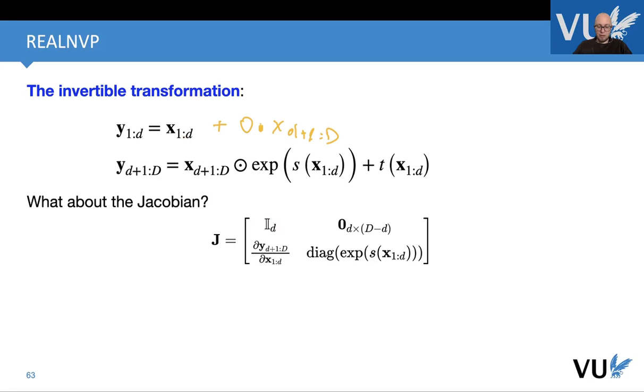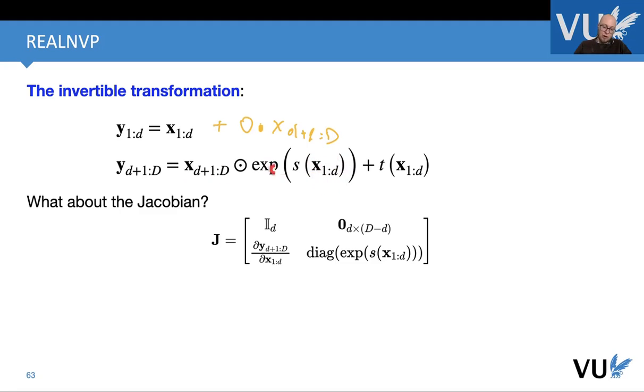So here we have a small identity matrix. On the diagonal we have ones, and everywhere else are zeros. Here we have 0. So if we calculate the derivative for this first row, we have ones on the diagonal and zeros. And then for the remaining part, here we have derivatives with respect to the first part of the vector inside.